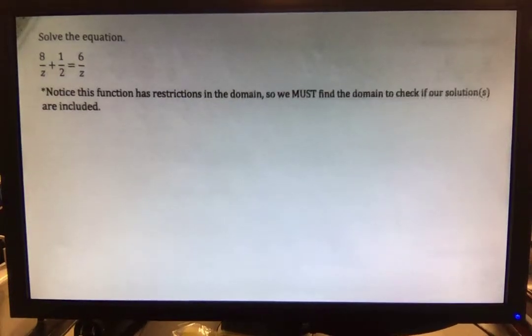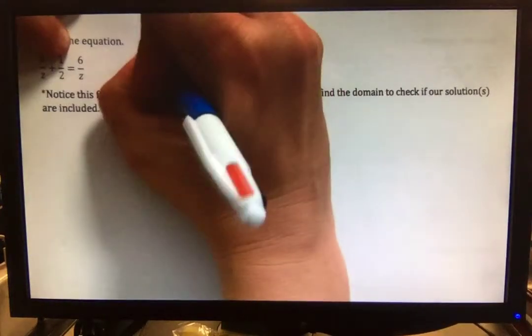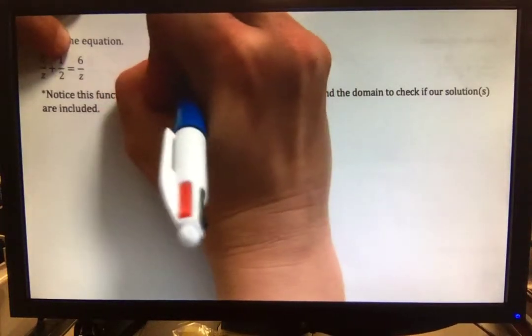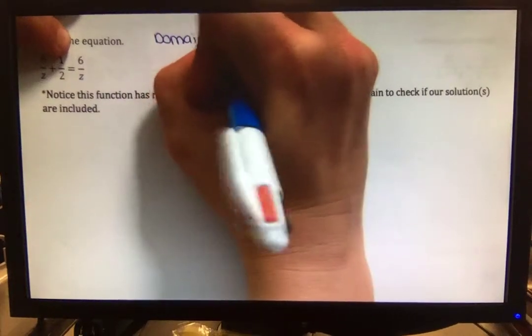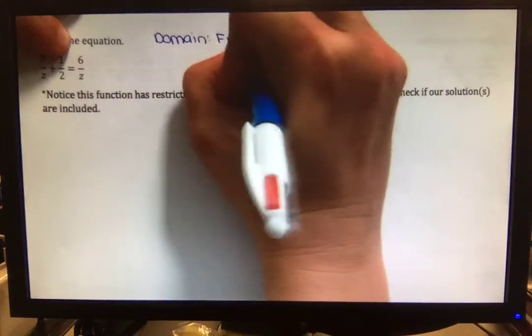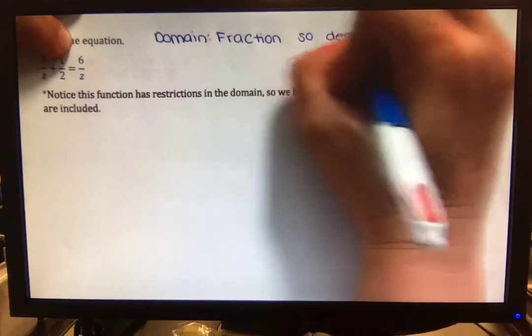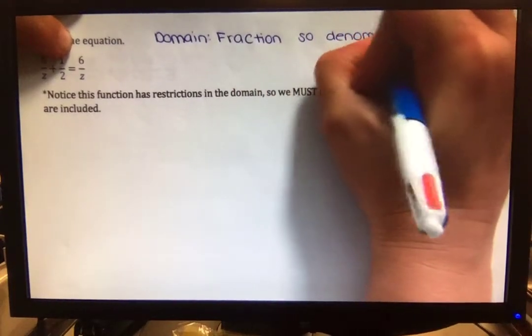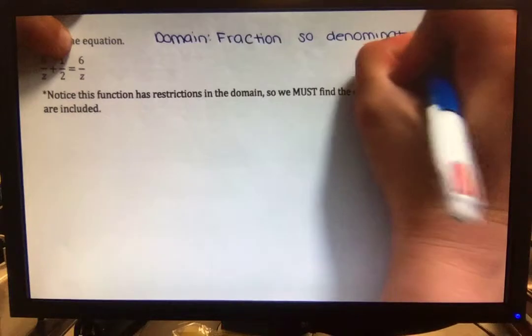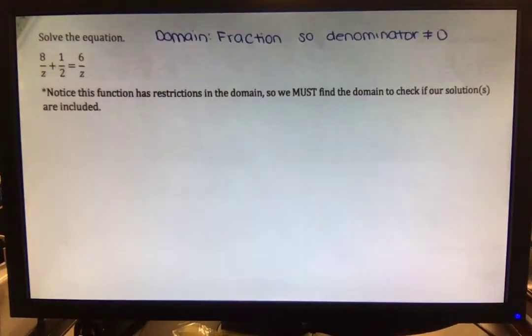Same thing that we did in the first part of this section. Find the domain. It's a fraction, so our denominators cannot equal 0.